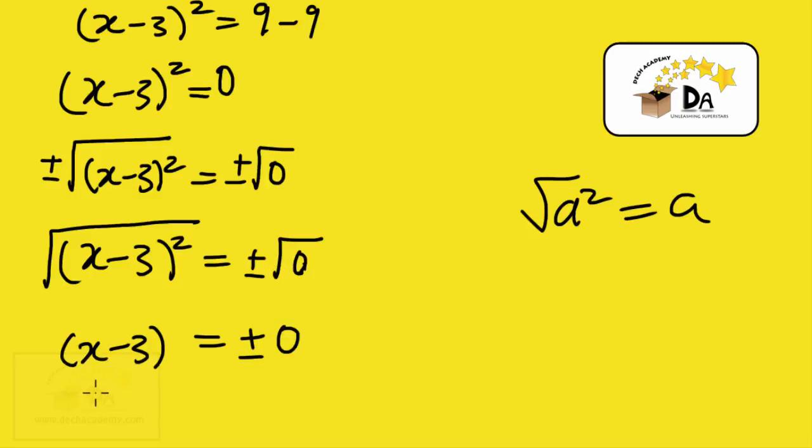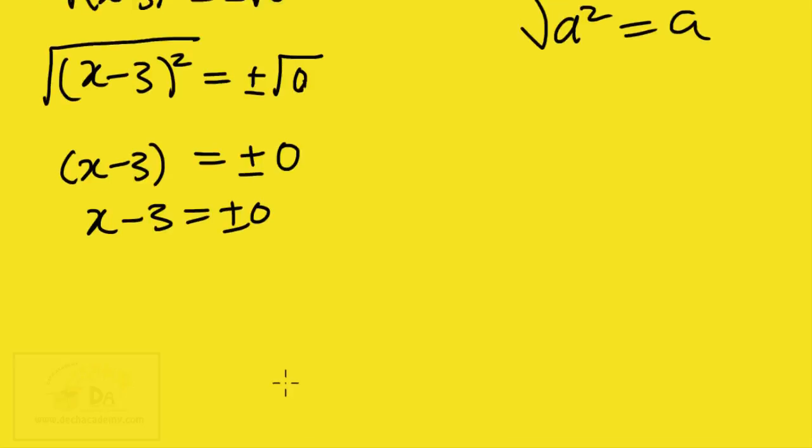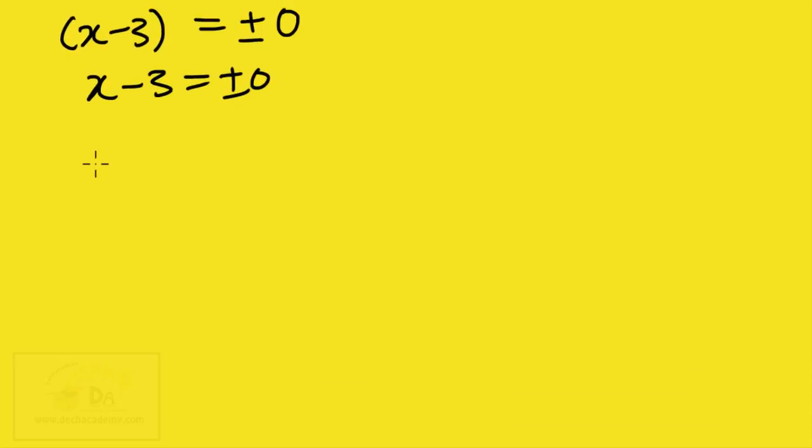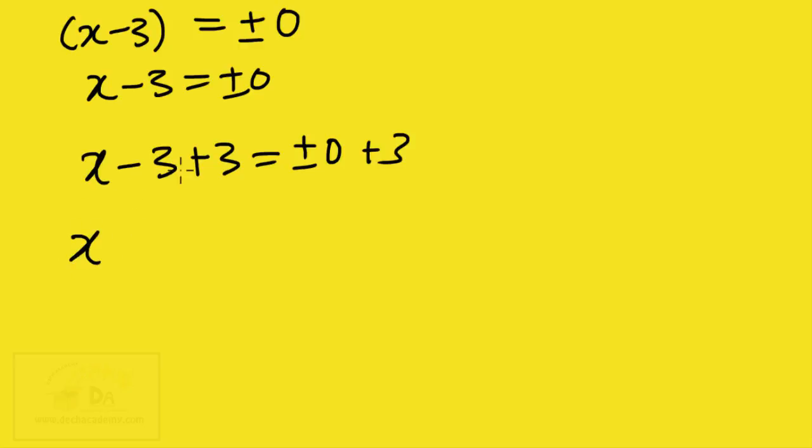In order to finally make x the subject of this equation, just add 3 to both sides, or let's even drop the brackets first. All we have to do now is add 3 to both sides. So x minus 3 plus 3 on this side, plus or minus 0 plus 3 on the right hand side. Simplifying, minus 3 plus 3 is 0, so that cancels out.